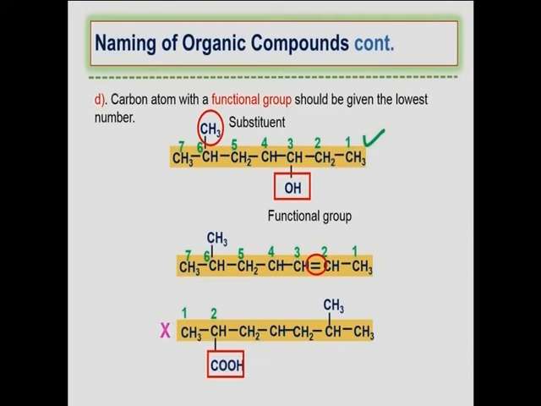However, your selection of the chain is wrong here, because you have to include the carboxylic acid in the parent chain, because you see the carbon there. And if you select the parent chain like this, now the carboxylic group, the functional group, is getting the lowest number, that is 1. Before it was getting 2, but now it is getting 1. So this should be your numbering.